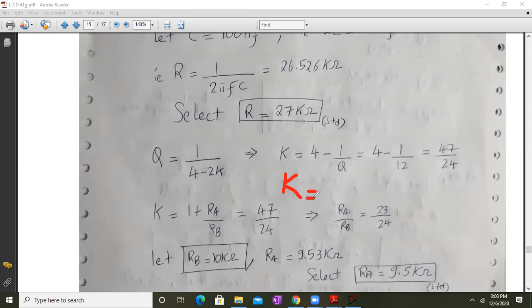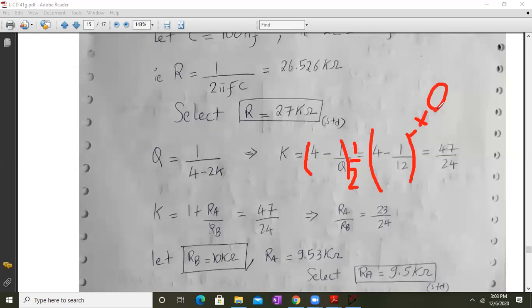Okay, the formula as written is wrong, but the calculations are correct. This is actually taken as multiplied by half only. I just have not written it over here. So actually this is multiplied by 0.5.